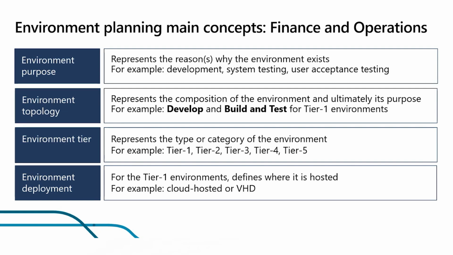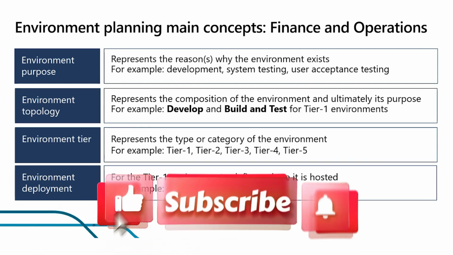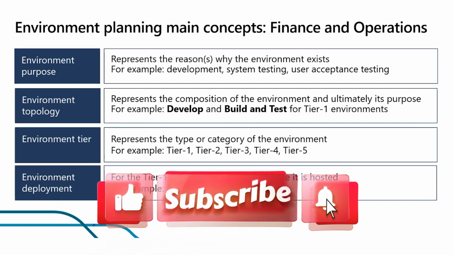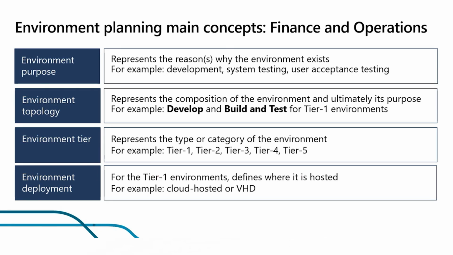So based on the environment purpose, you may require different tiers of environment. And based on the tiers, you would see various environment topologies. For example, tier 1 would be for develop, build, and test. So topology represents the composition of the environment and ultimately its purpose.